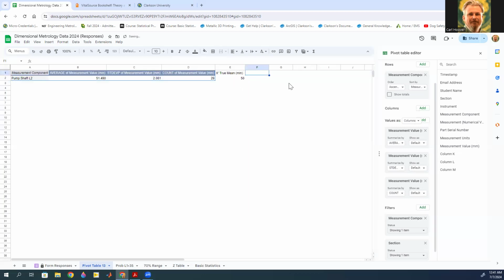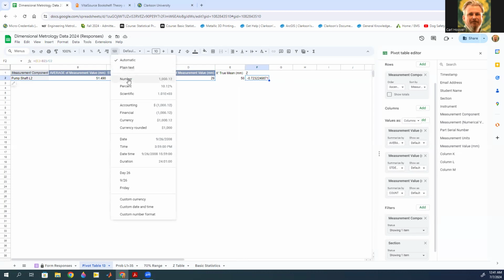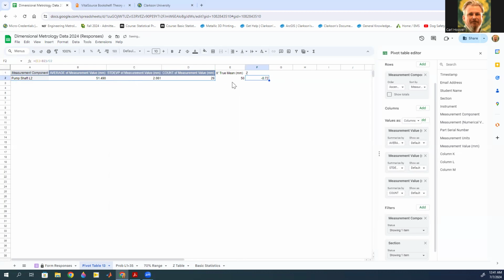So one first approach is to use a z-score where we compute the difference between the true mean and our mean, and divide it by the standard deviation. And with that we get minus 0.72, minus because our average is actually greater than the true mean.